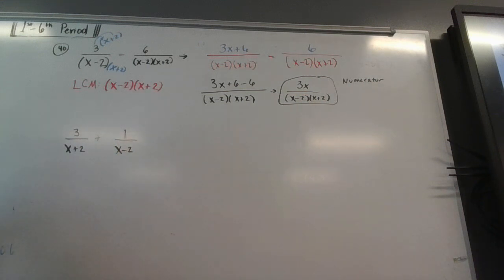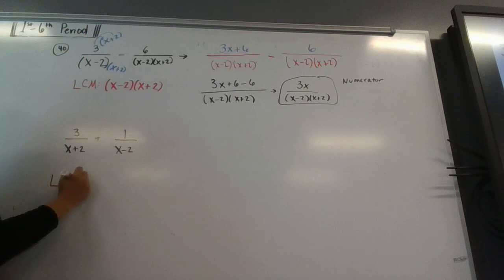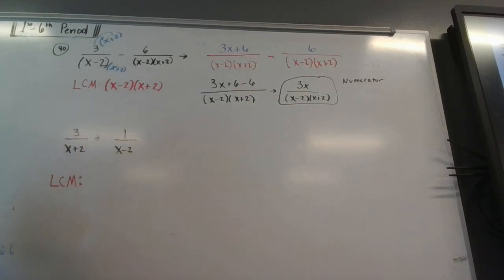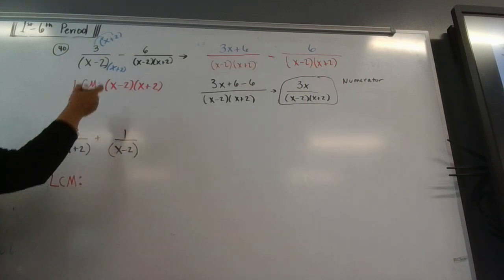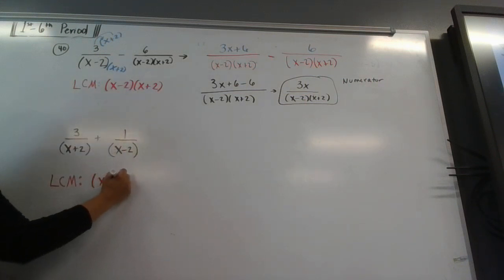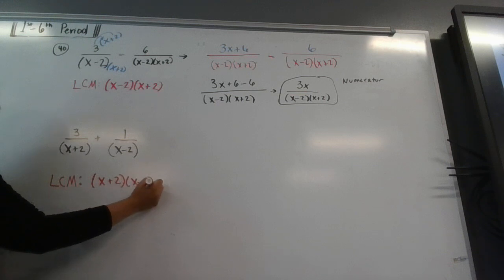Okay, so now this LCM, don't overthink it, don't overcomplicate it. Don't try to combine these. We're just gonna look at this as two different factors. And so it's gonna be actually the same as the top. We'll just include both of them, x plus 2 and x minus 2.